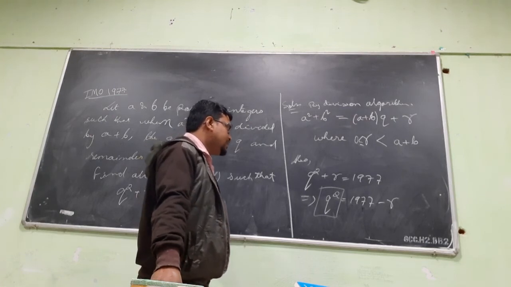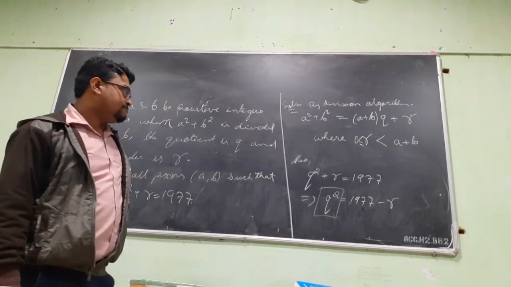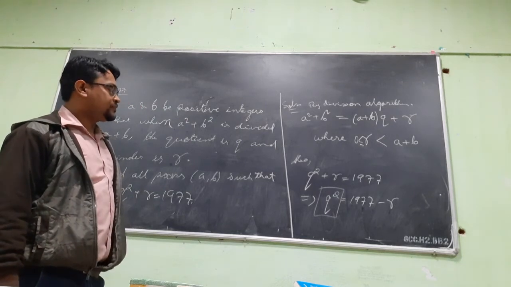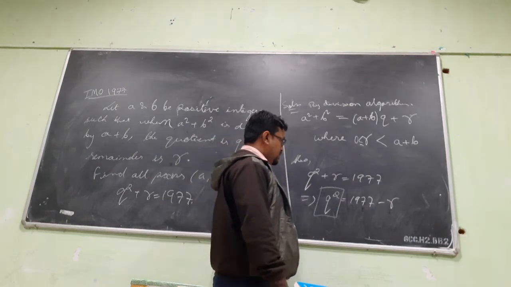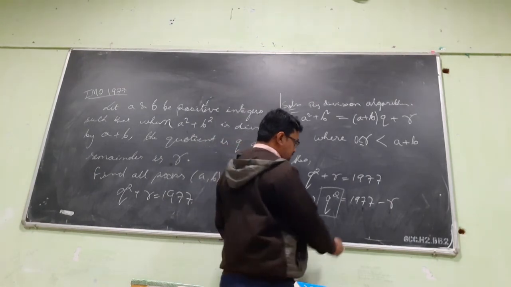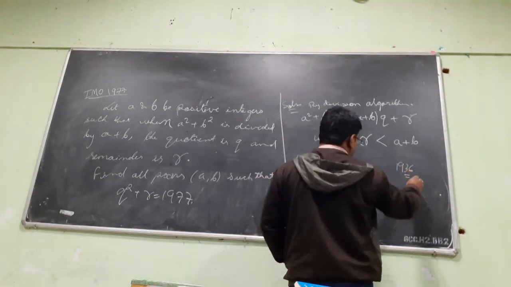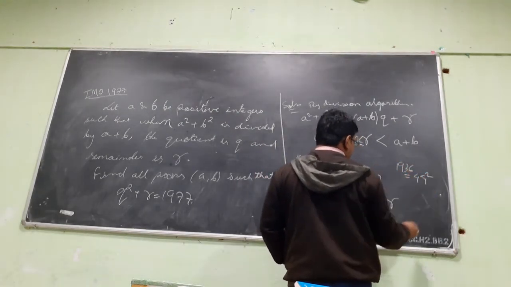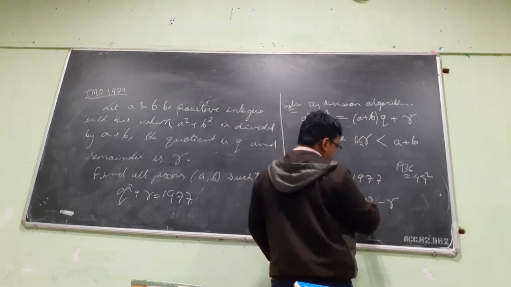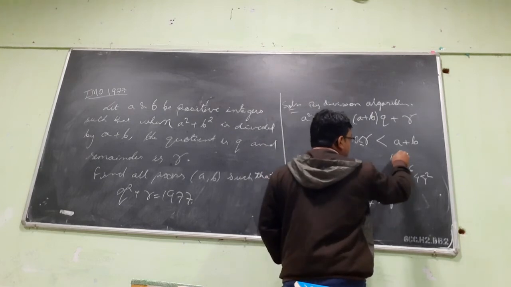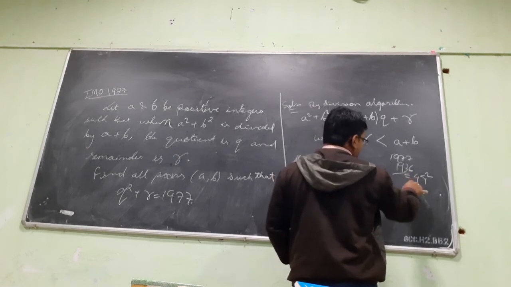So up to which value can we go? Say Q square is 1936. 1936 is what square? 44 square. So 1977 minus 1936 gives R equal to 41.